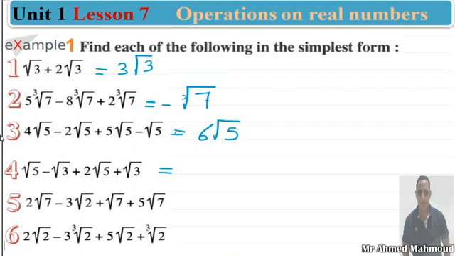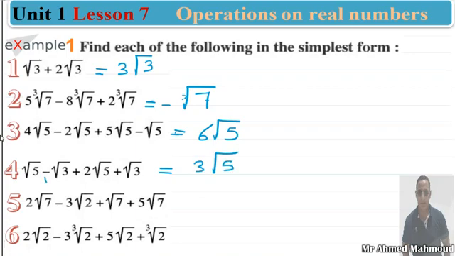The next one, here we have square root 5 plus 2 root 5, which are like, together. Here we have 1 root 5 plus 2 root 5 equals 3 square root 5.